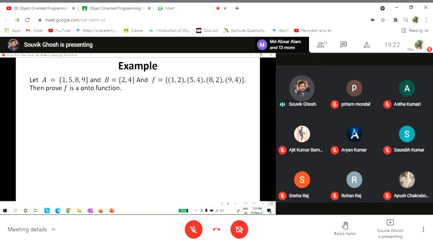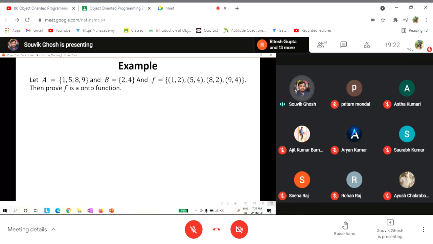Then you have to prove that F is an onto function. To prove that F is an onto function, we have to check whether every element in the codomain set has a pre-image in the set A, the domain.